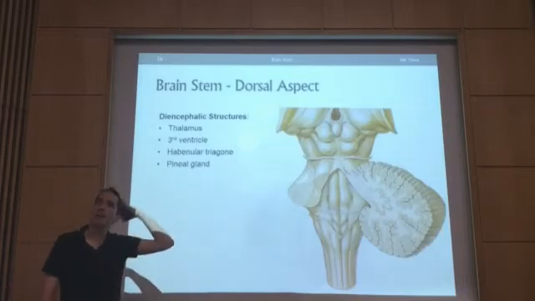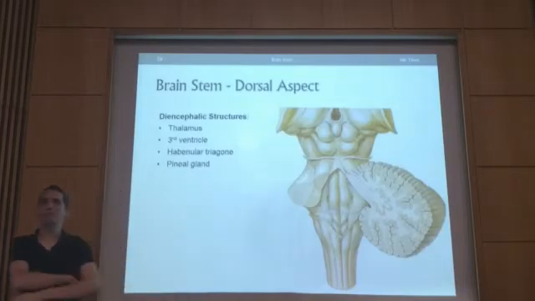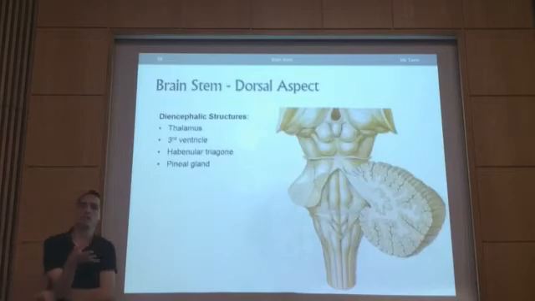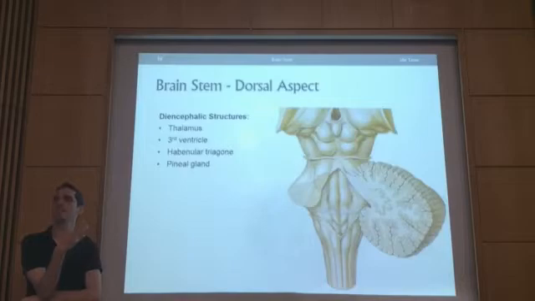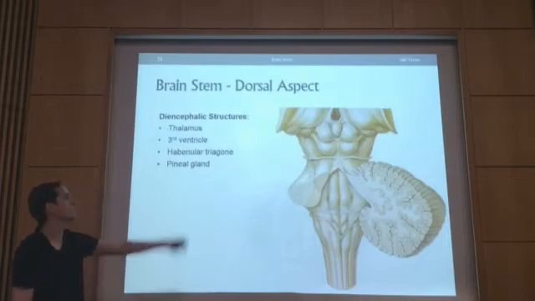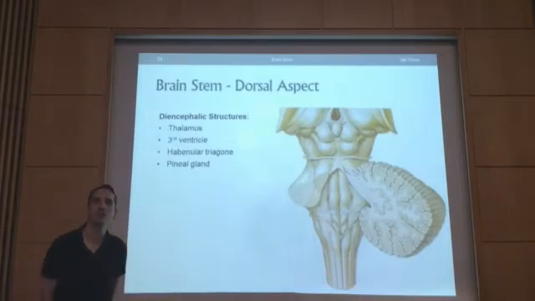Anyway, so Descartes thought this is the location of the soul. He thought that it's exactly in the middle of the brain, and there's only one of it. And most structures of the brain come in twos. So for some reason, he deduced that this is the location of the soul.